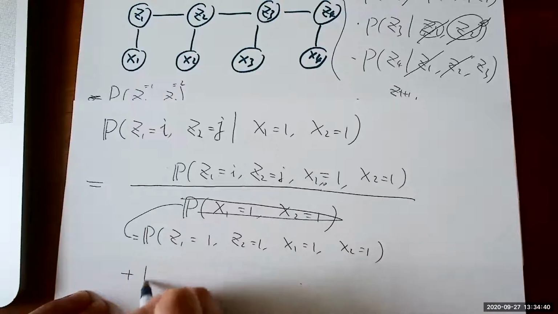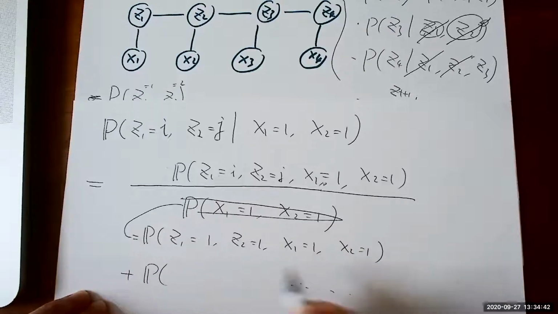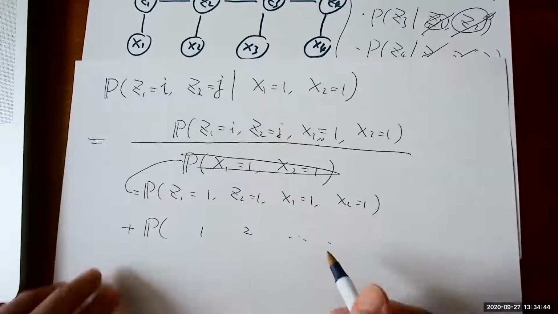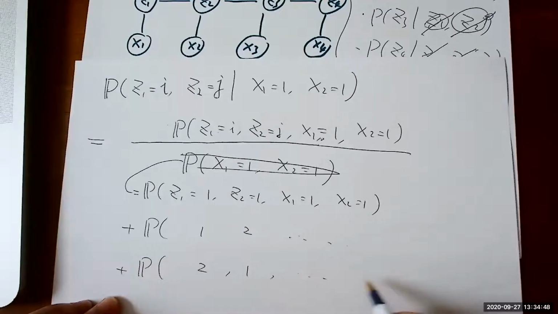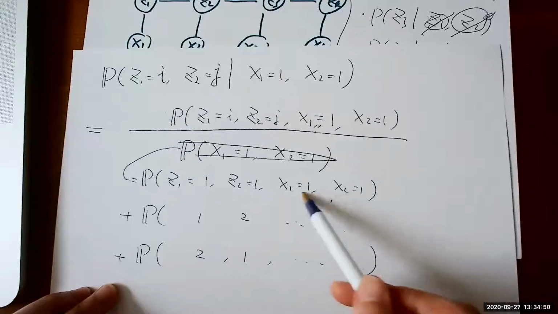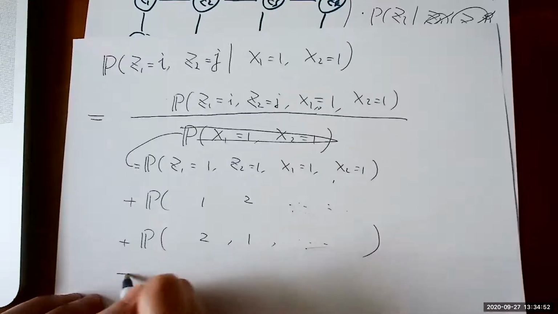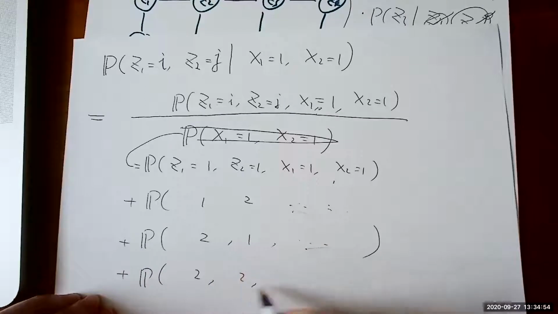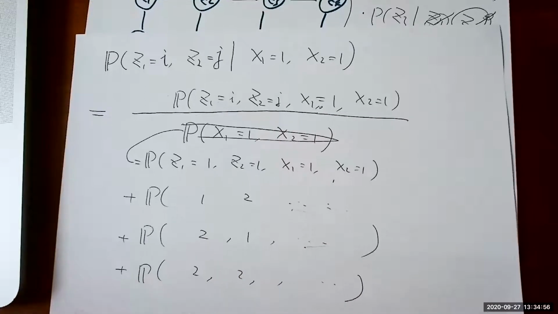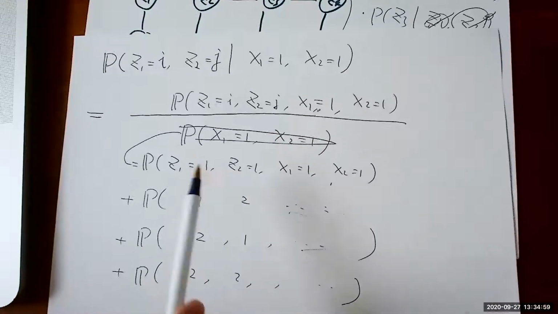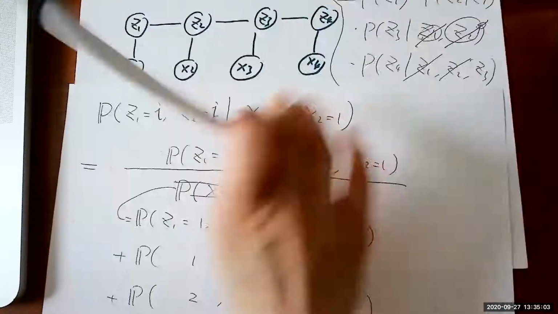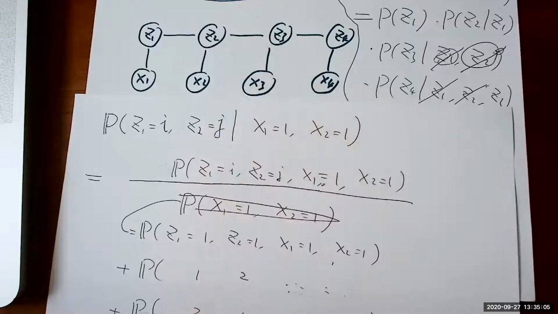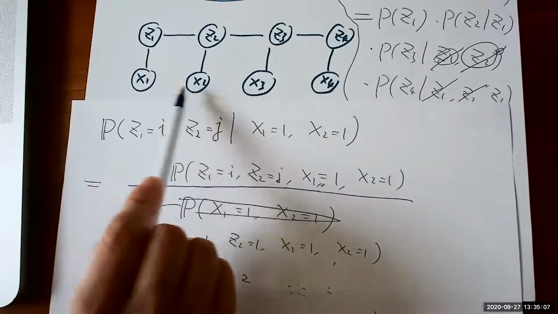There are 4 probabilities where you just change to 1, 2, 2, 1, meaning you copy those here, plus the probability of 2, 2. So you basically have to compute the joint probability of Z1, Z2 equal to 4 different values at that pair, and also X1, X2 equal to 1.